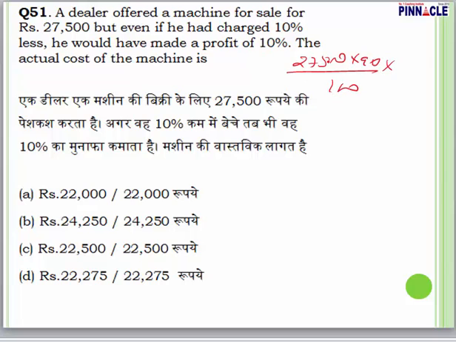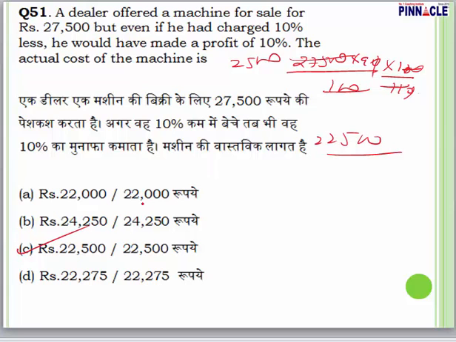If this is the selling price, then still he is making a profit of 10%. You can say this is the cost price: selling price into 100 divided by 110, since 10% is the profit. Now it will be equal to 22,500. C should be the answer.